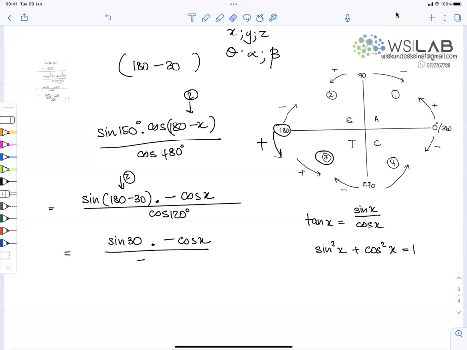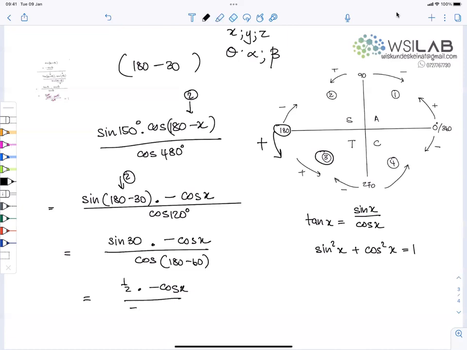Okay, well, let's just do that long method first. That 120 is the same as cos of 180 minus 60. So on top I have sin 30, which is half, times negative cos x. At the bottom I have a negative value because that's second quadrant, which makes cos negative. That's negative half. But I'm not allowed to skip that step then.